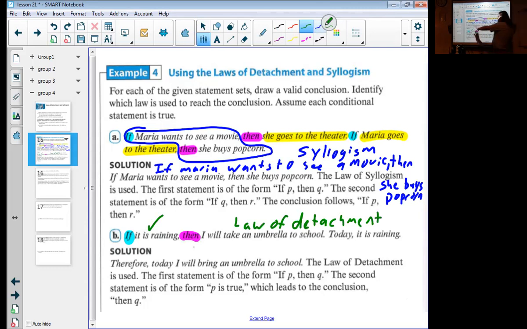So we can detach, we can get rid of the if. Therefore, I will take an umbrella to school.